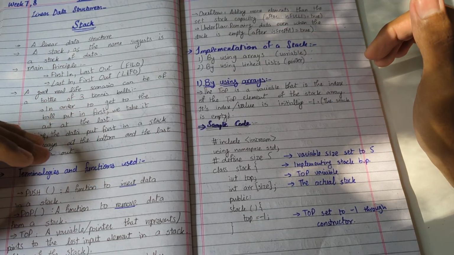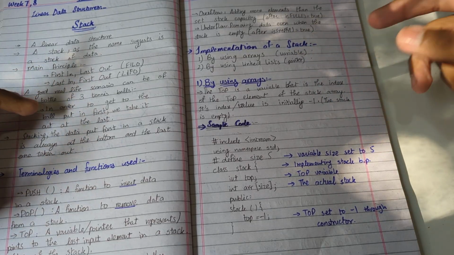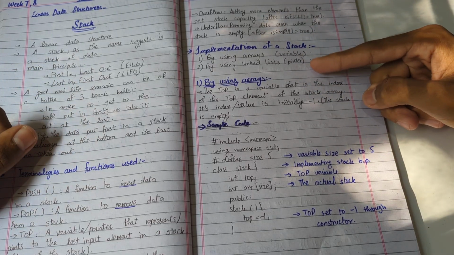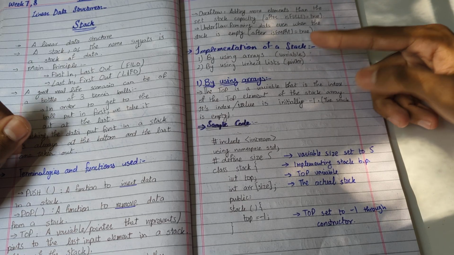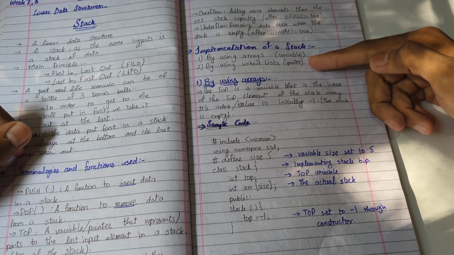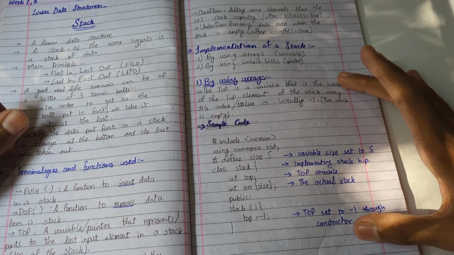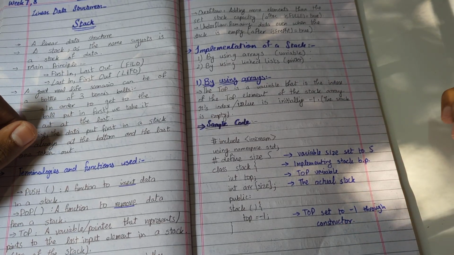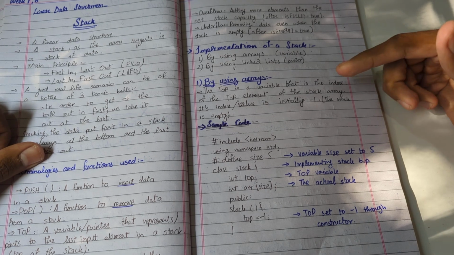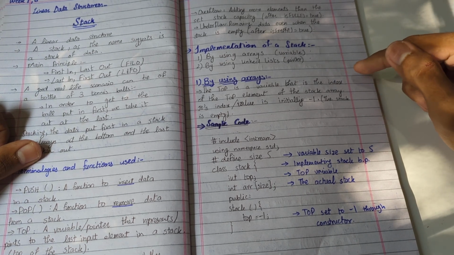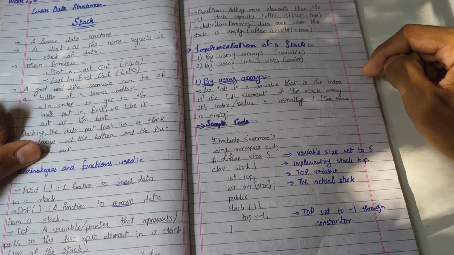So implementation of a stack, we can do it in two ways, by using arrays or by using linked lists. Arrays, obviously variables, and linked lists using pointers, dynamic memory. First, if we look at how to implement a stack by using arrays, top is a variable that is the index of the top element of the stack array.